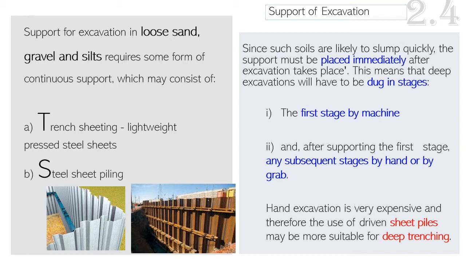The first stage is dug by machine, and after supporting the first stage with trench sheeting or steel sheet piling, the subsequent stages are dug by hand or by grab. Hand excavation is very expensive and therefore the use of driven sheet piles may be more suitable for deep trenching.